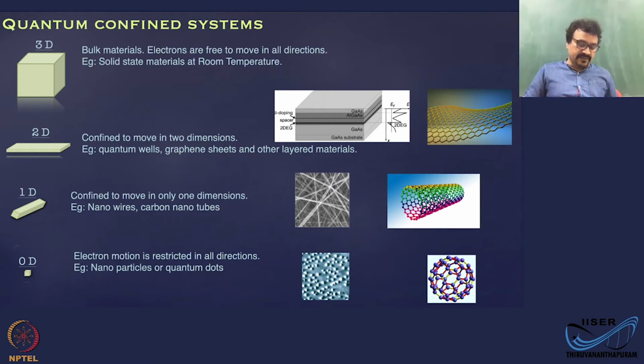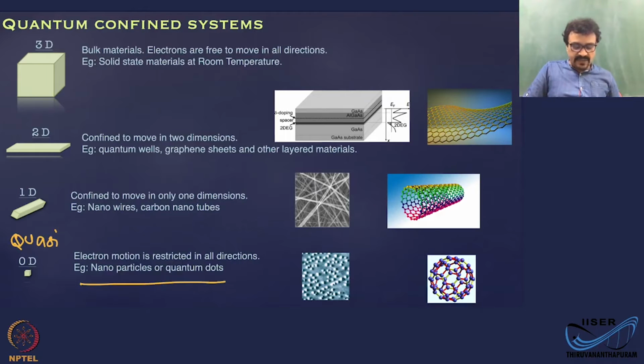Now, eventually, if you reduce one more dimension, you will get to zero dimension, but we will refer to it as quasi-zero dimensional systems, because there is nothing called zero dimension. There is some dimension itself, so we call it quasi-zero dimension.